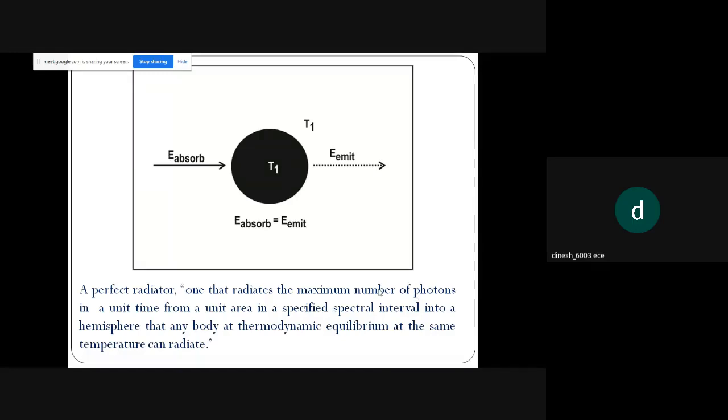A perfect radiator is the one which radiates the maximum number of photons in a unit time from a unit area in a specified spectral interval. For example, I have an object where 100 watts of power is falling on the object and it emits 100 watts of power.